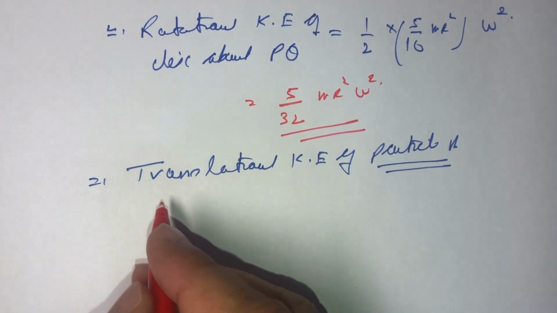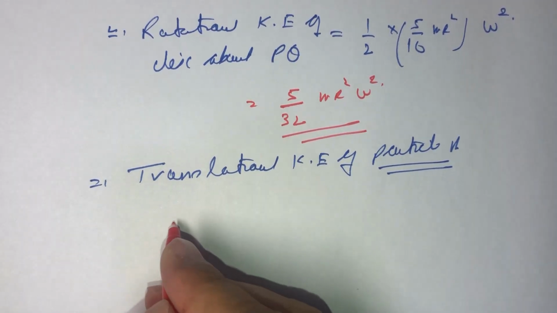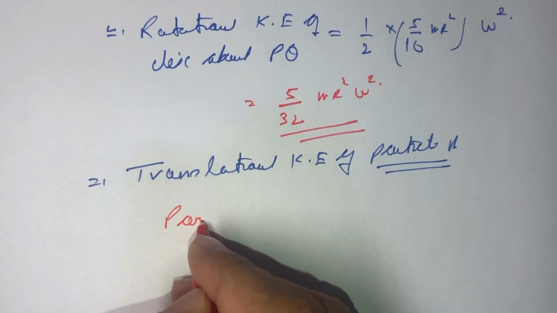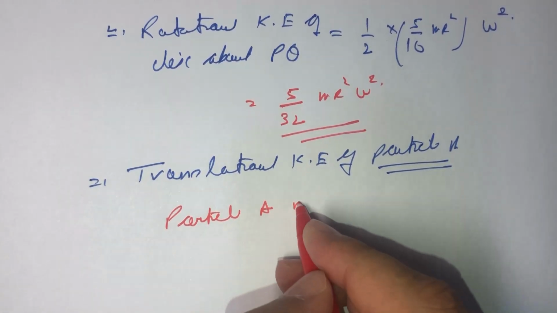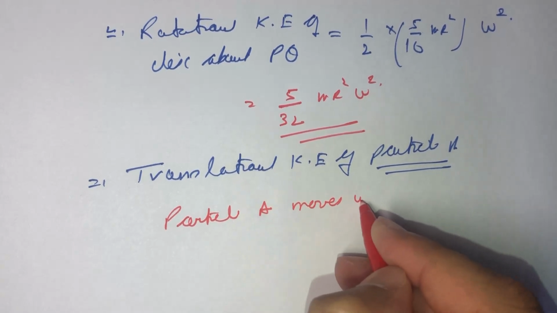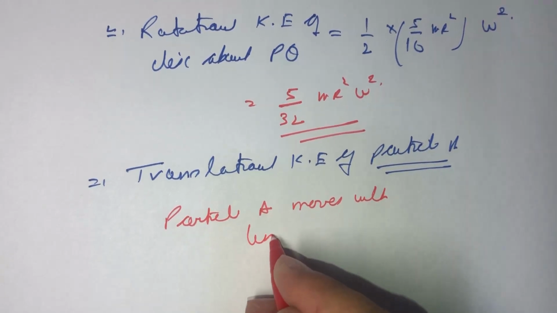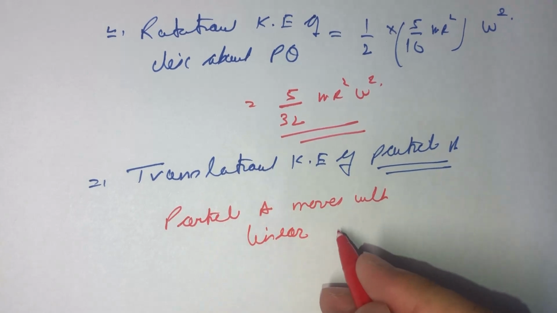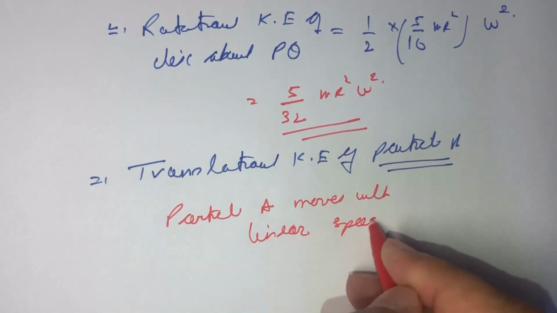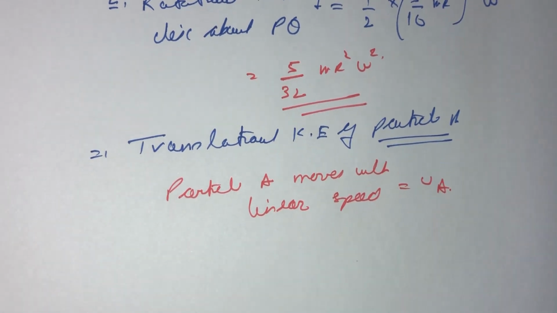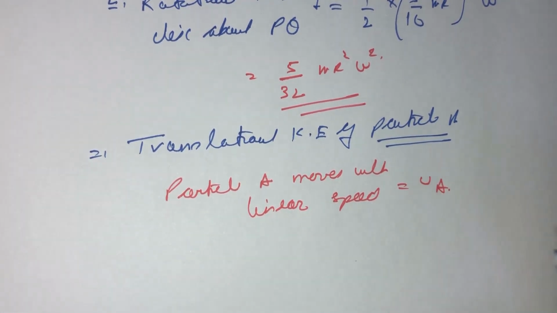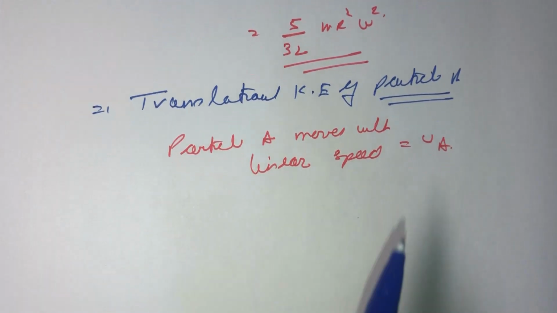Say that particle A moves with a linear speed which is given as VA, and obviously its angular speed will also be equal to omega because it is fixed with the disk, and the disk is rotating with the angular speed of omega.